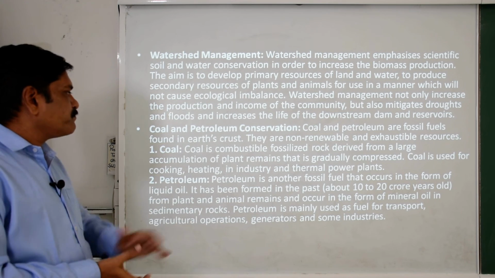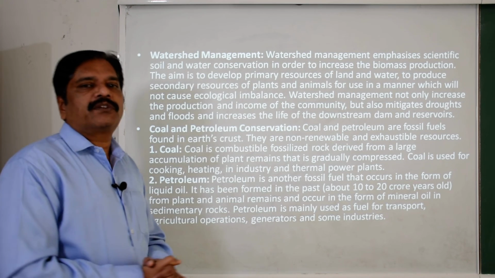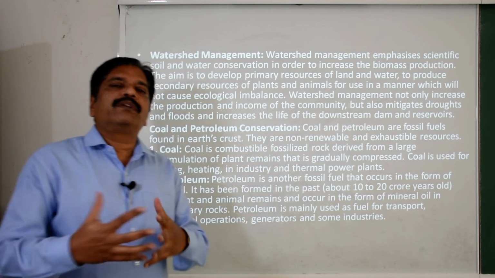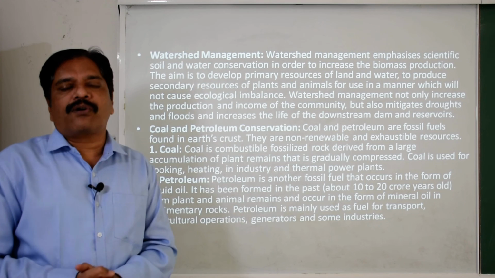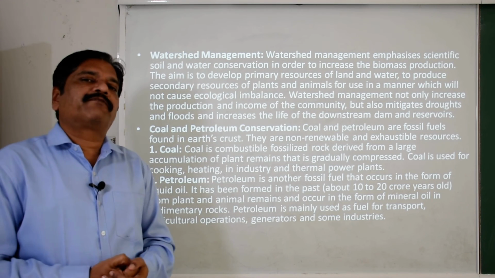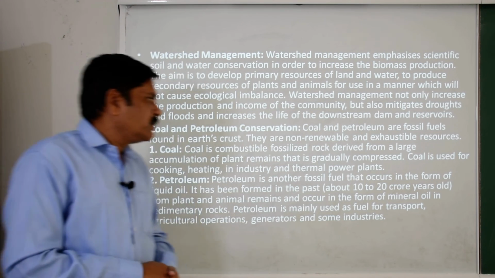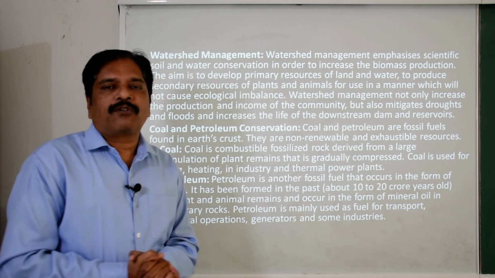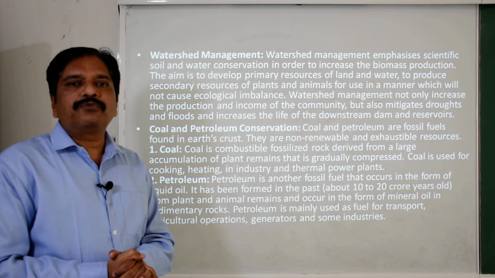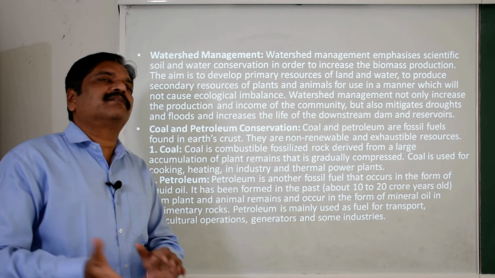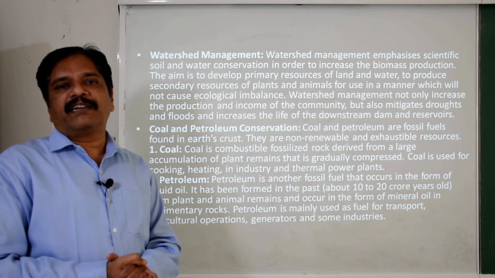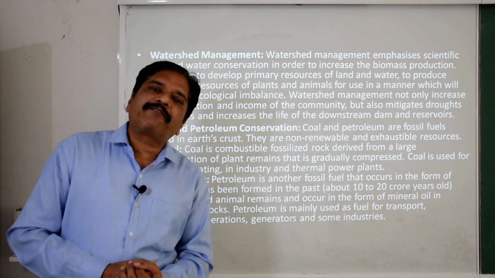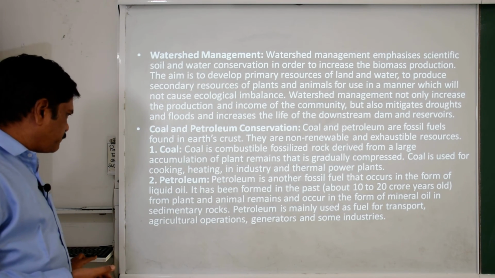Similarly, petroleum is actually petra plus oleum, that means it contains rock oil. You know how it forms, how it is produced. When we obtain it in the raw form, it is called crude oil. Later on, with the help of refineries, we can obtain different pure forms for different purposes.